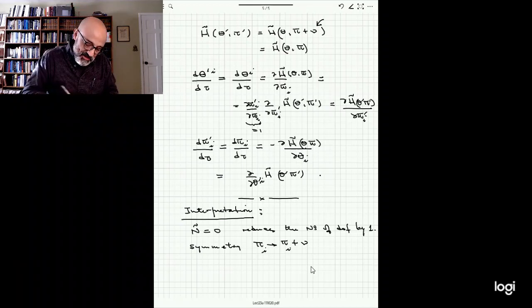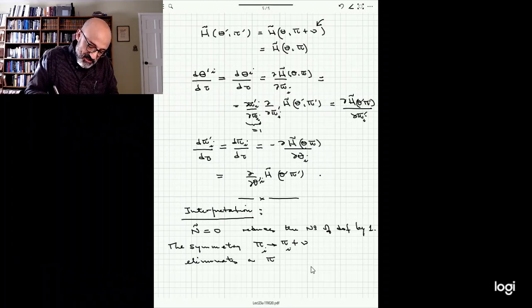So the symmetry of shifting by a constant eliminates a momentum degree of freedom by making them equivalent.